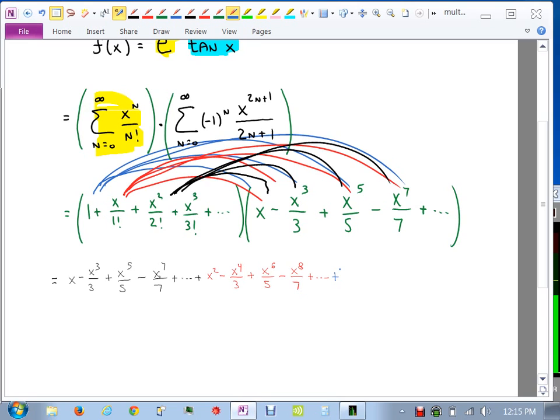So it's going to become x cubed over 2 minus x to the 5th over 6 plus x to the 7th over 10, right? x to the 9th over 14, and so on, right?